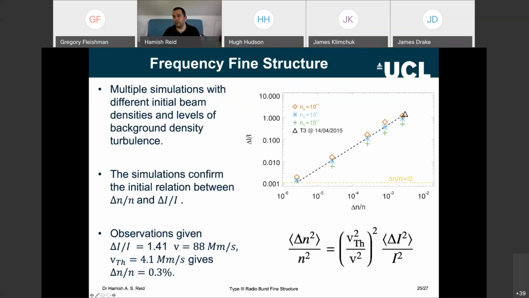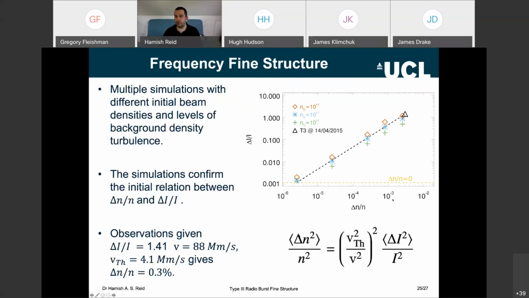Now, the black-green triangle is the simulation that we showed where we estimated delta I over I, and then using the estimated value for the thermal velocity and the beam velocity, we estimated delta n over n, and we put it on this plot as well.